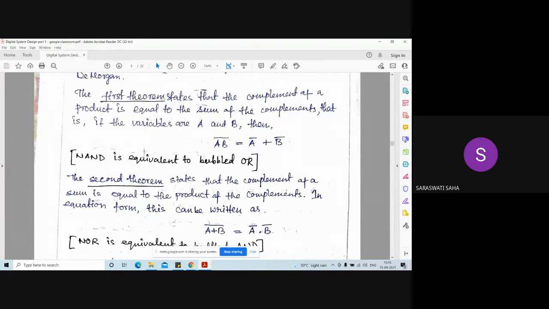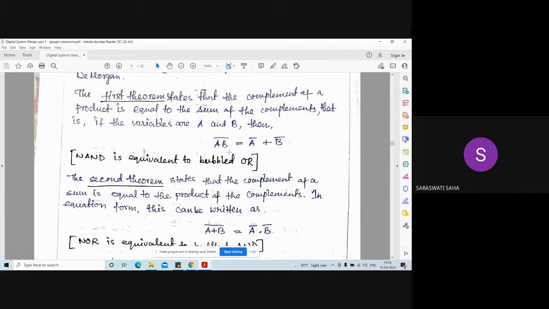So, the first theorem states that the complement of a product, here AB is a product term, that is an AND term, is equal to the sum of the complements. Sum means OR.